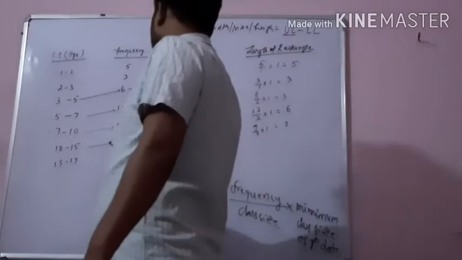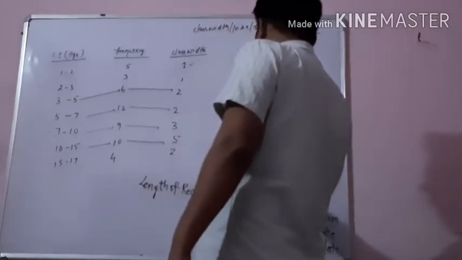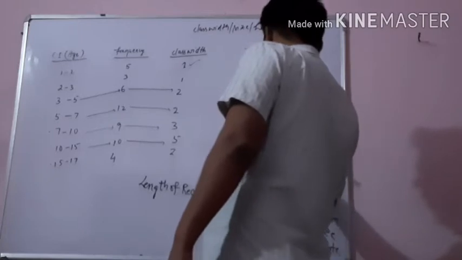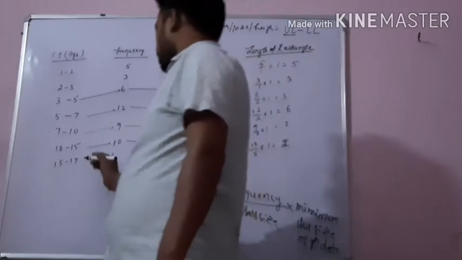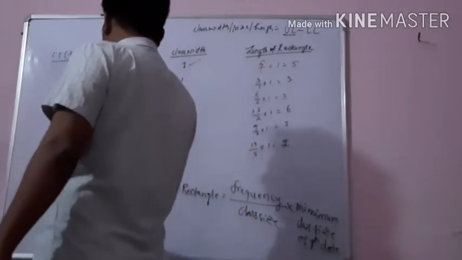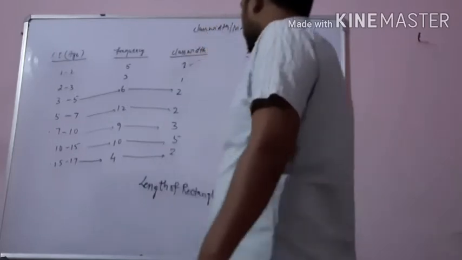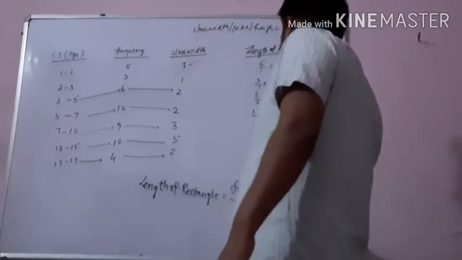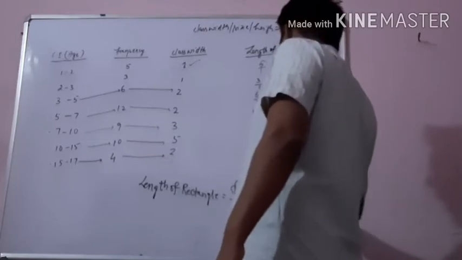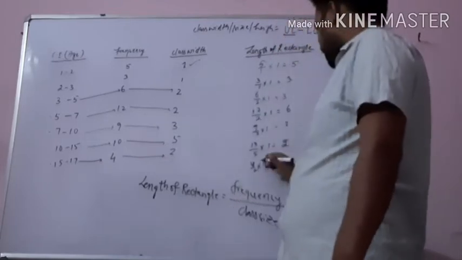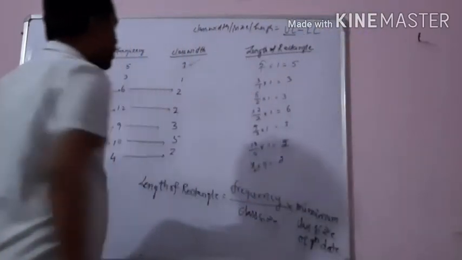Now 10 to 15, 10 upon 5 multiply 1 is 2. Now 15 to 17, the frequency is 4 and the class width is 2. So 4 upon 2 multiply 1 will give 2.